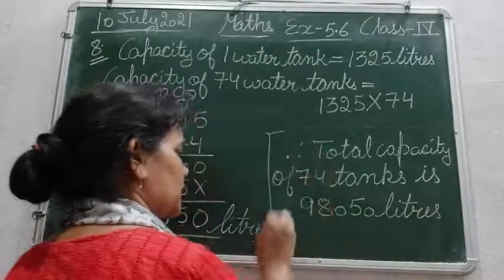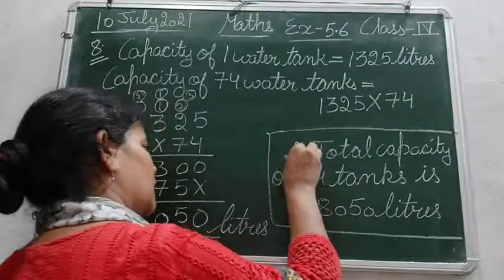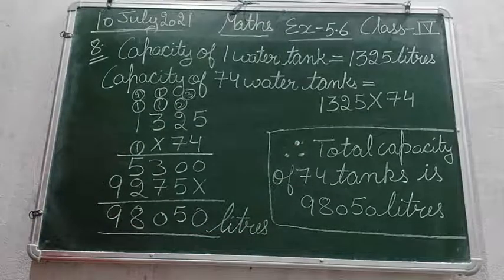That is 98,050 liters. Total capacity of 74 tanks is 98,050 liters.